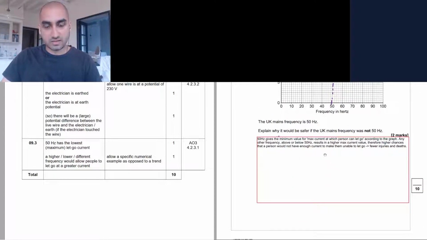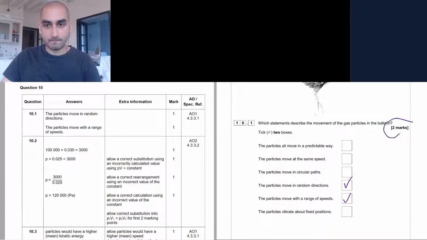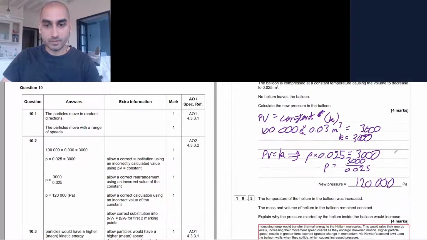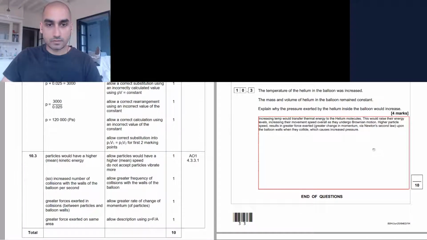50 Hz gives the lowest electrical current, higher will allow people to let go at a greater current. Yeah. Random directions, range of speeds. Yep. 120,000. Higher.